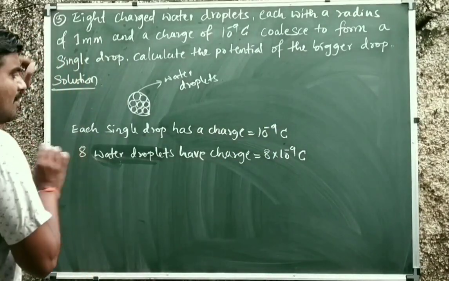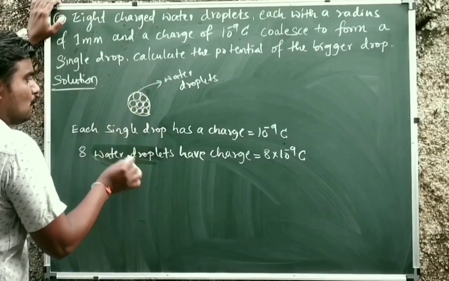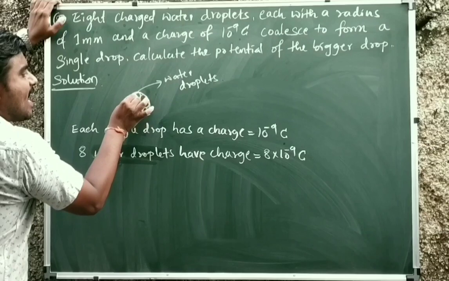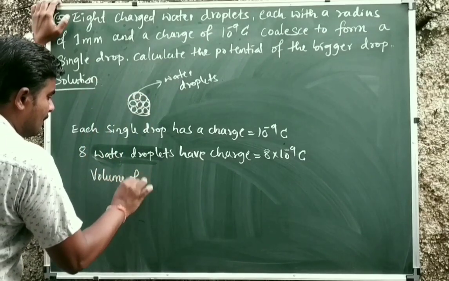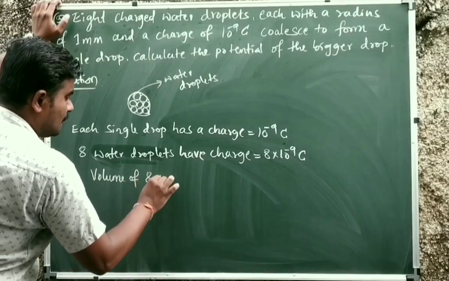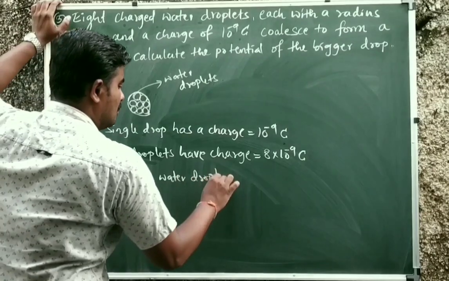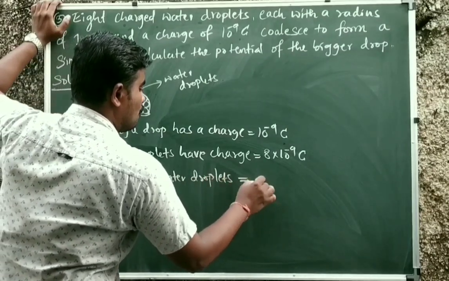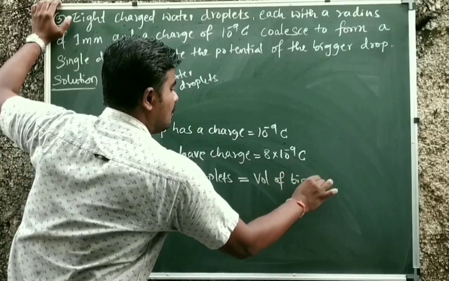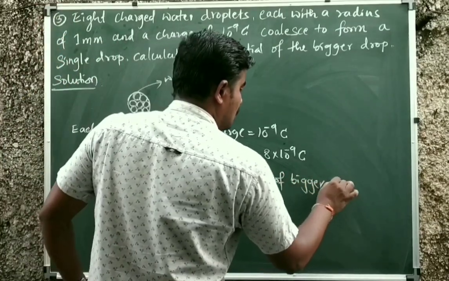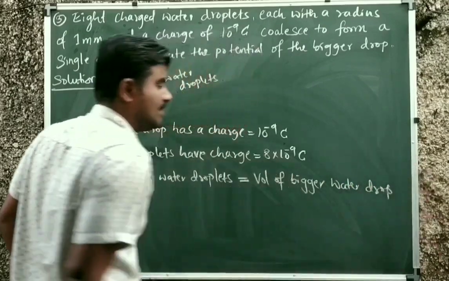Okay, and remember, volume of this bigger drop must be equal to volume of all these 8 water droplets, right? Volume of 8 water droplets must be equal to volume of the bigger water drop, the single drop.